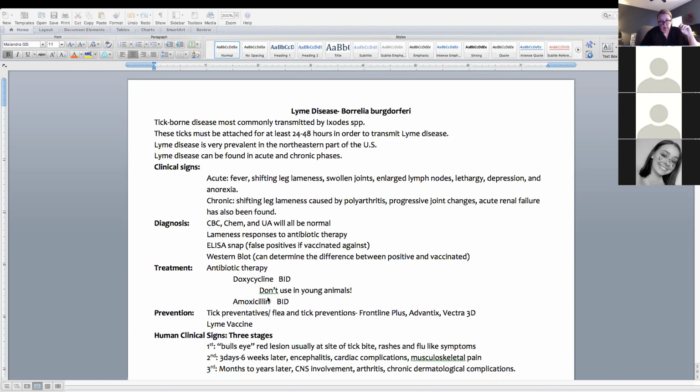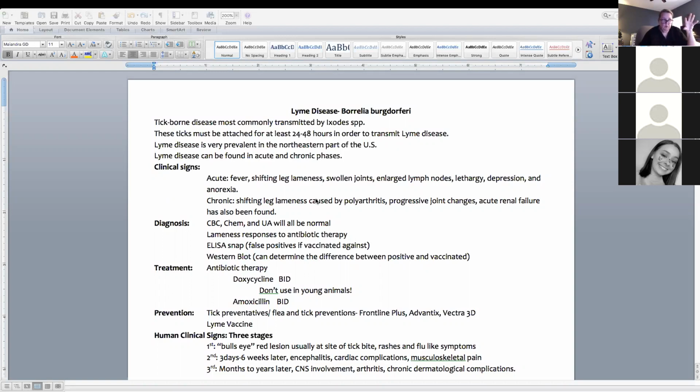Doxycycline is the number one and most clinics carry it because for a lot of the blood-borne pathogens, doxycycline is kind of a gold standard antibiotic. The other thing that is not on here for treatment is that because they're swollen and lame, sometimes you're going to use a regular anti-inflammatory, maybe not a steroid, but an NSAID like Rimadyl, potentially Tramadol, that may help with the pain.